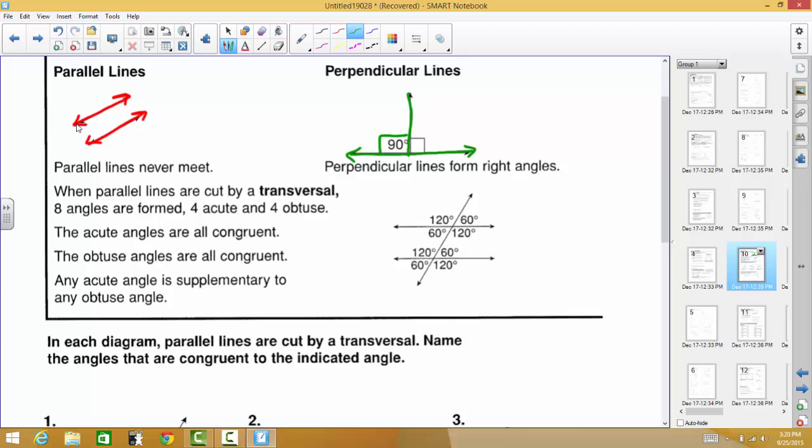It's a right angle. Now, if you have two parallel lines and they are cut by a transversal, a transversal is just basically a line that goes through two parallel lines. So this is our transversal right here. Then every single angle is one of two answers.